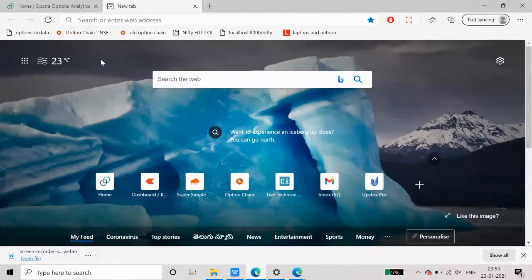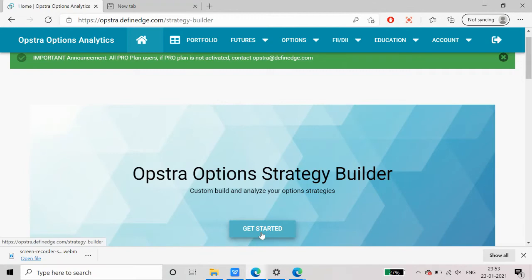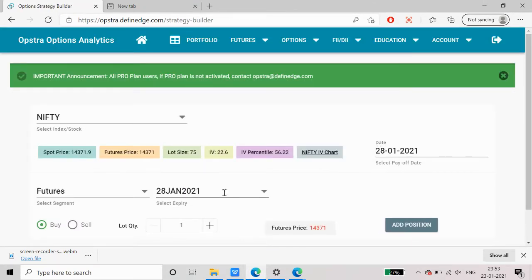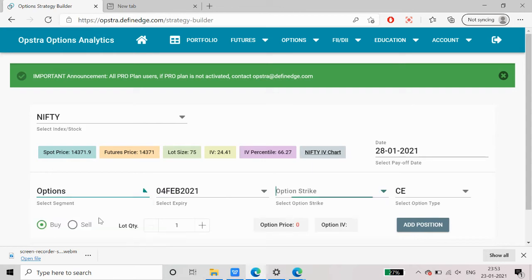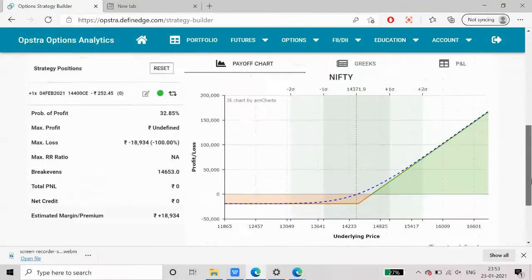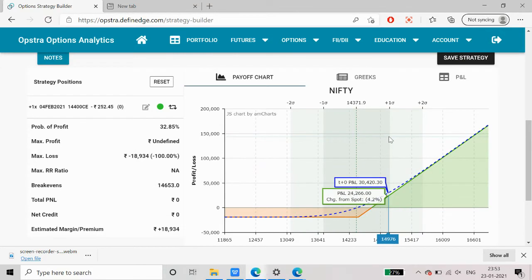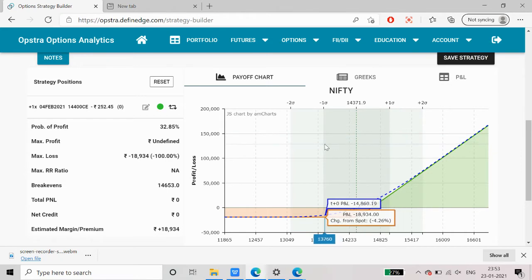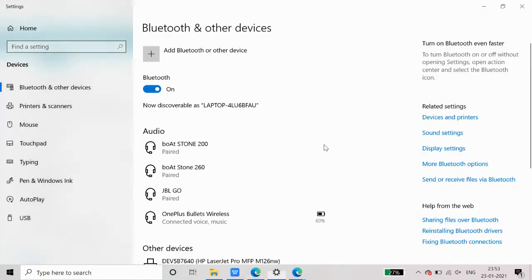How do we get to know the one standard deviation strikes? For example, if we just check, for 4th of Feb, with 14,400 as our current market price, the one standard deviation strike prices are close to 15,000 on the upper side and 13,750 on the lower side.